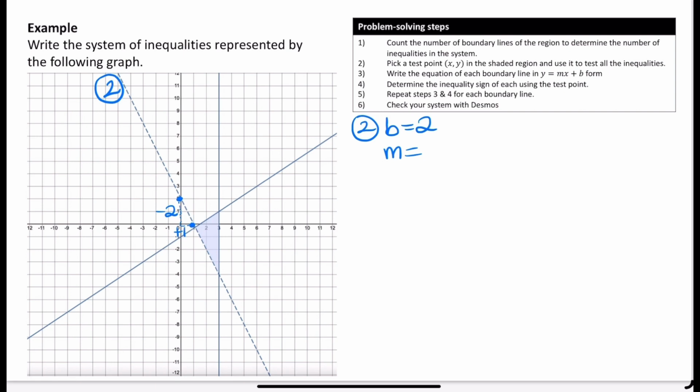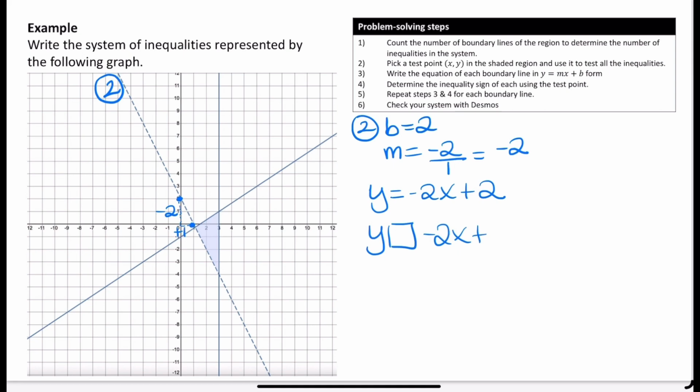So since we do y over x, I have -2 over 1, which equals -2. So what we need to do now is write the equation in y equals mx plus b form. So I have y equals -2x plus 2. Okay, so when I change that to an inequality, it's like y something -2x plus 2.